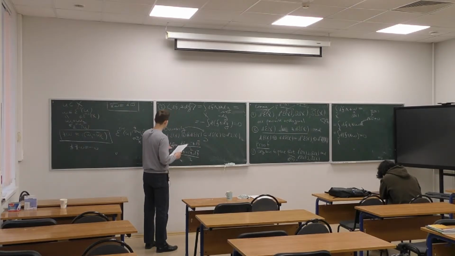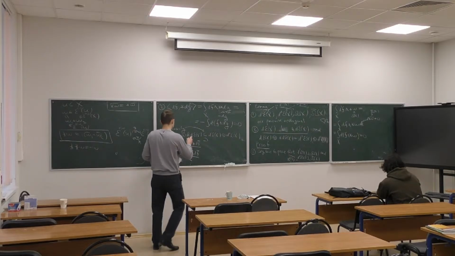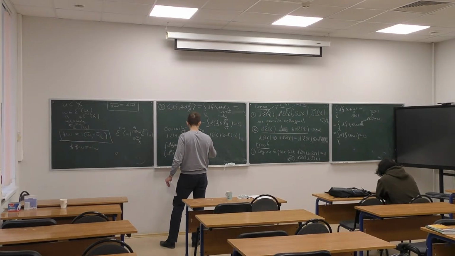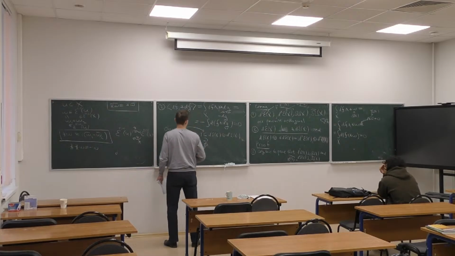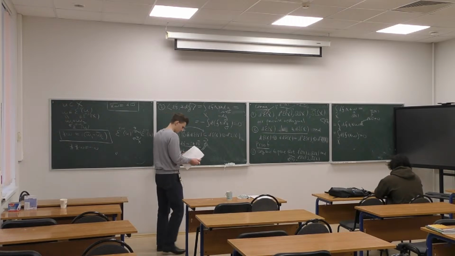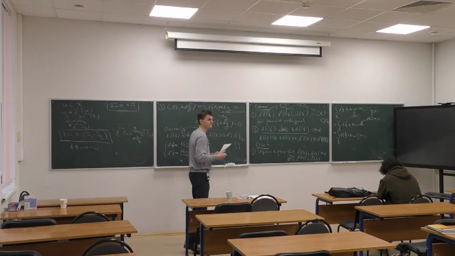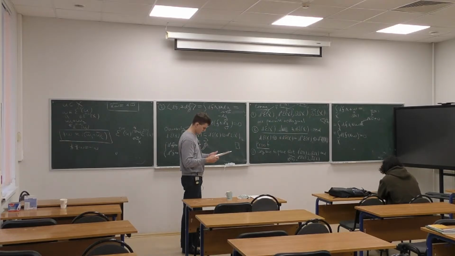Since d prime of f and d double prime of f can be expressed in terms of d of something and star d of something, this implies another inclusion. Okay, any questions? No. Okay.